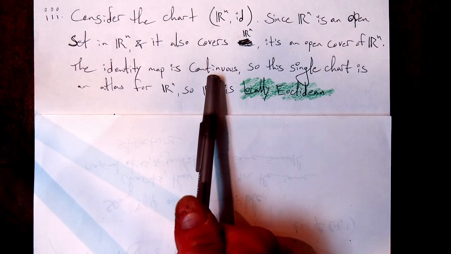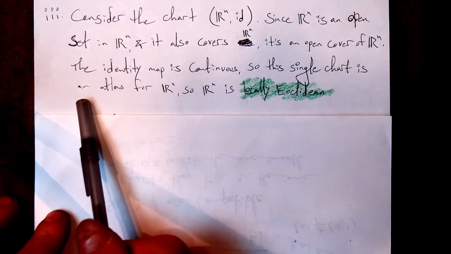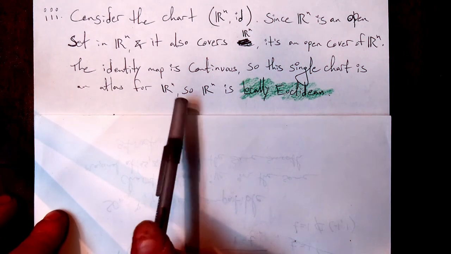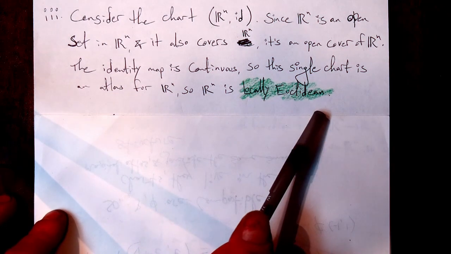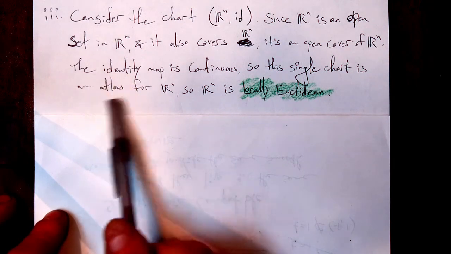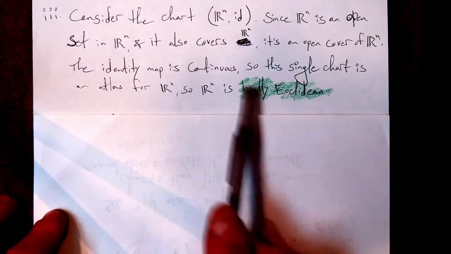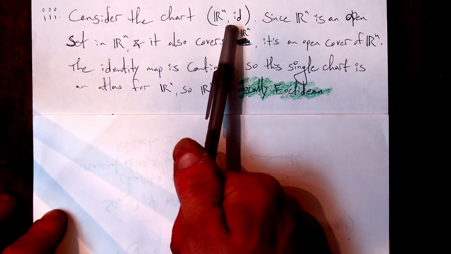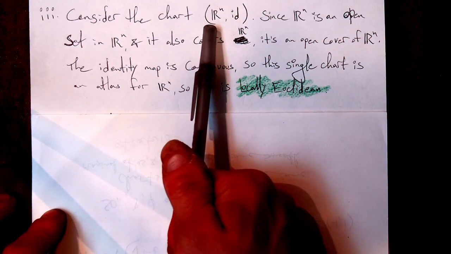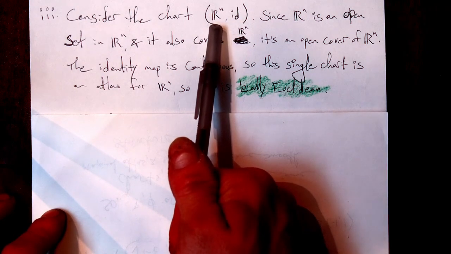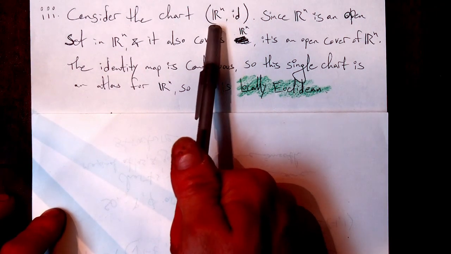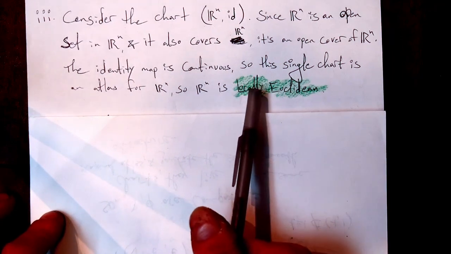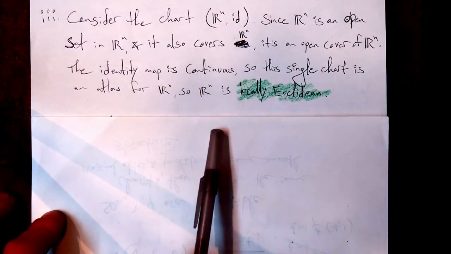Hopefully it's fairly intuitive. So this single chart is an atlas for Rn, right? Rn is locally Euclidean. Well, technically we haven't shown that it's an atlas. We've just shown that there is a homeomorphism, the identity map, that takes this open set from our manifold, which is Rn, to Rn. The logic here is almost circular, but hopefully this all makes sense.